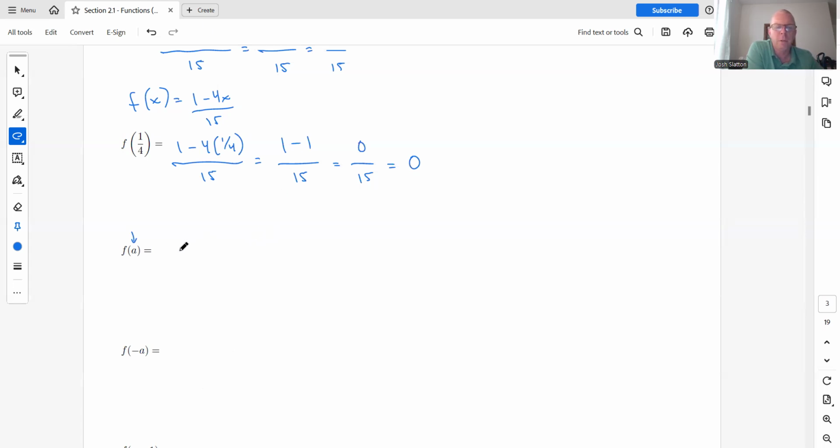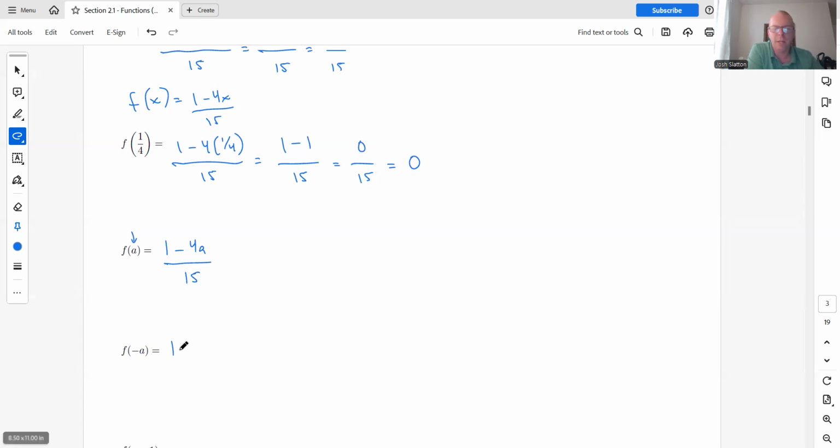But if we plug in a for x, then we just get 1 minus 4a over 15. And there's really not anything to do with that. We can't really simplify that anymore. But that's all you do. So anywhere that there's an x, in this case the 4 times x, plug a in for that, and then that is what f of a is.